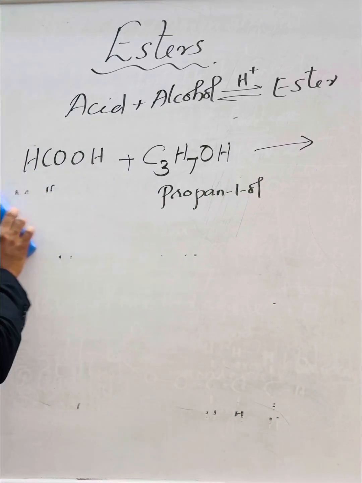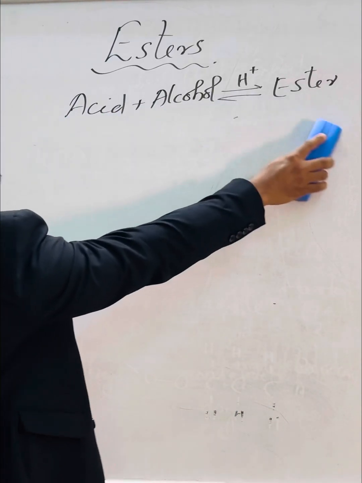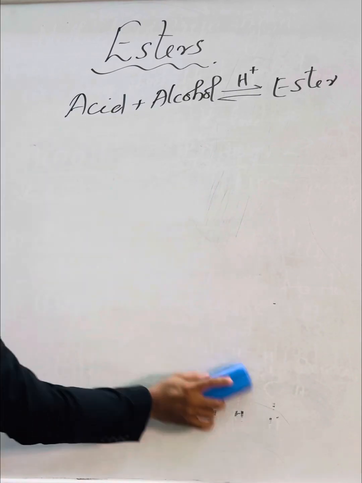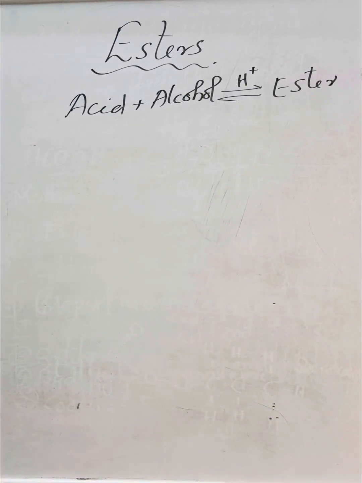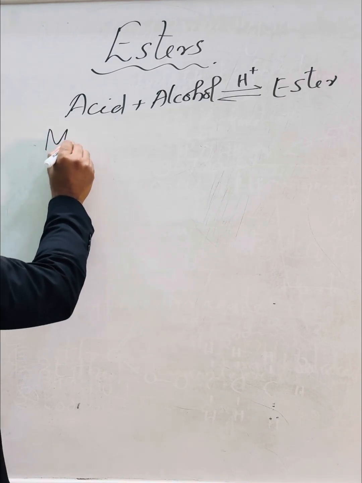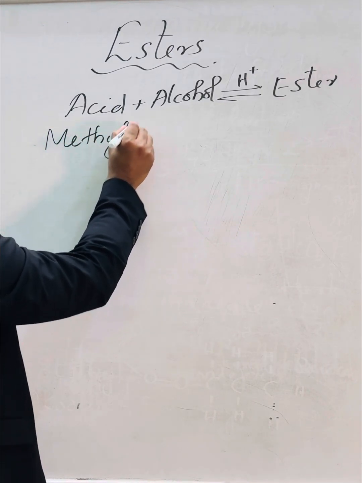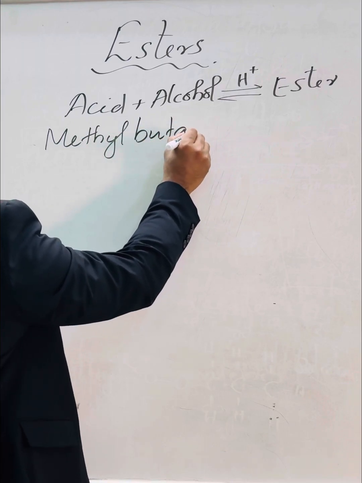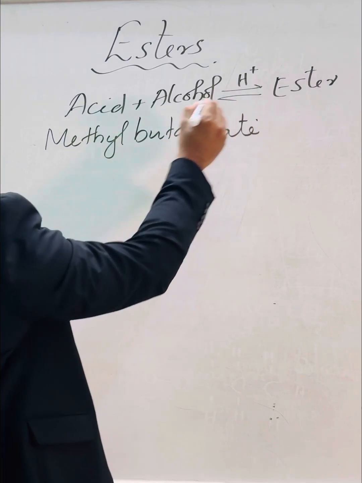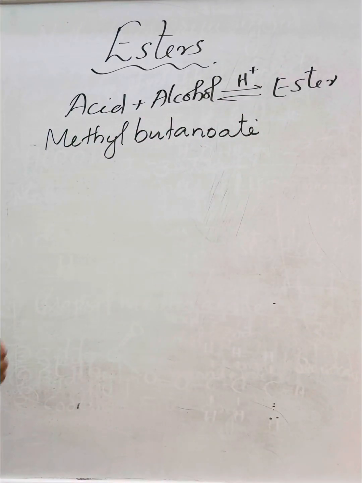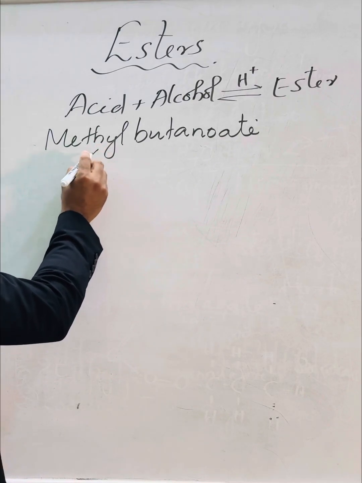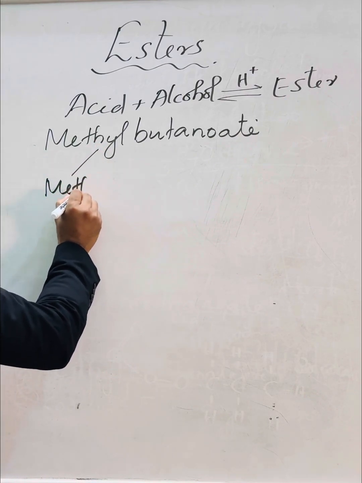You need to prepare the ester methyl butanoate. Which ester do you want to prepare? Methyl butanoate. Which alcohol do we use? Methanol.